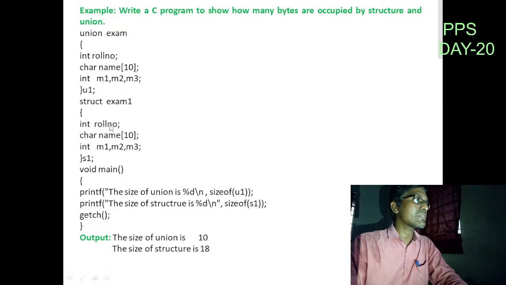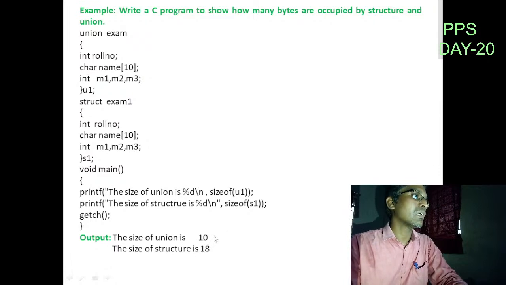The roll number is 2 bytes and the name is 1 into 10: a character occupies 1 byte, and the number of characters is 10, so that's 10. So 2 plus 10 is 12, and integers occupy 2 bytes each for m1, m2 and m3, so in total 6 bytes. So the total is 10 plus 6 plus 2, which is equal to 18 bytes of memory occupied by the structure.